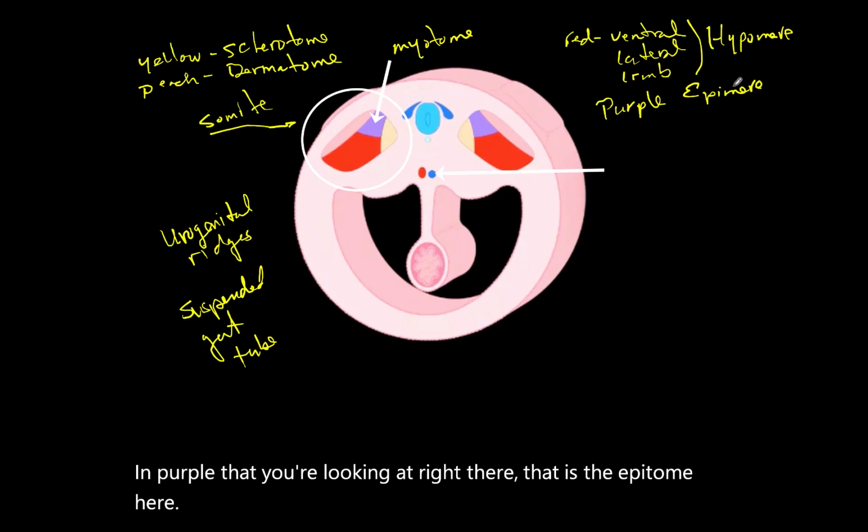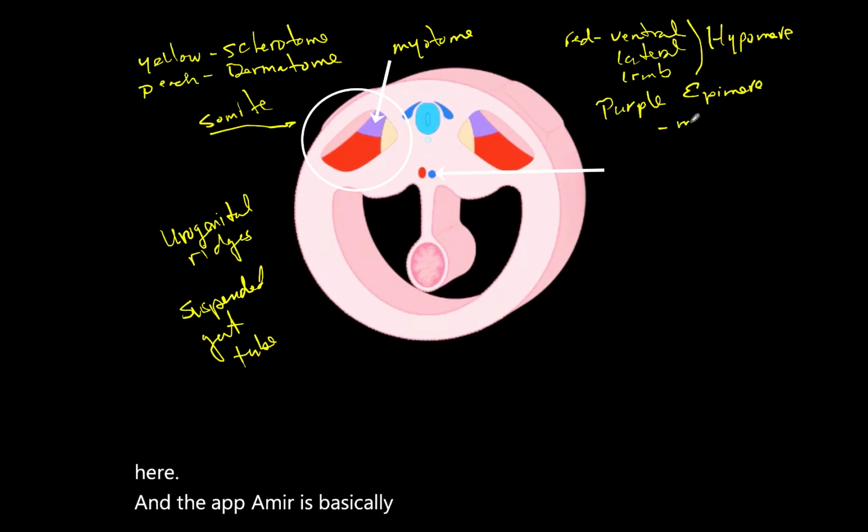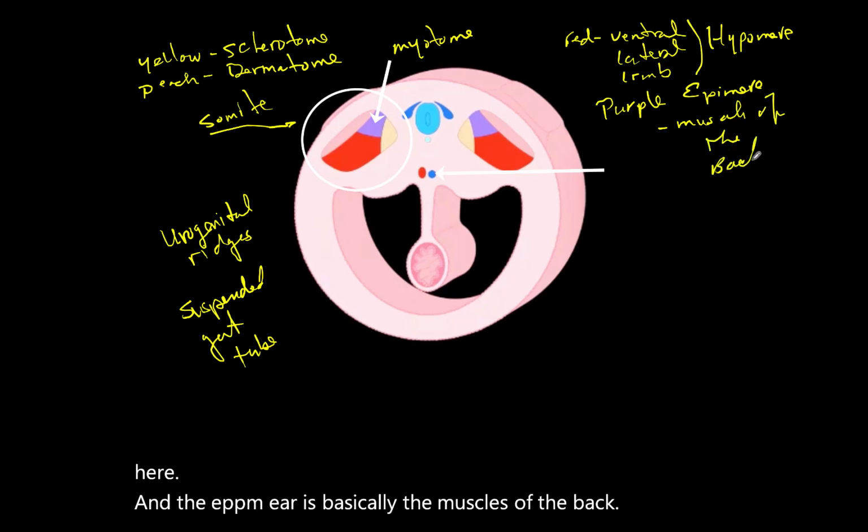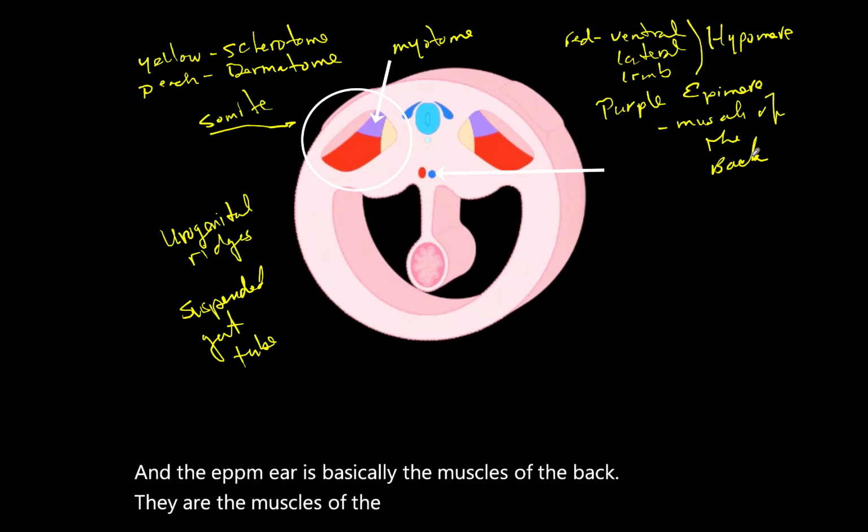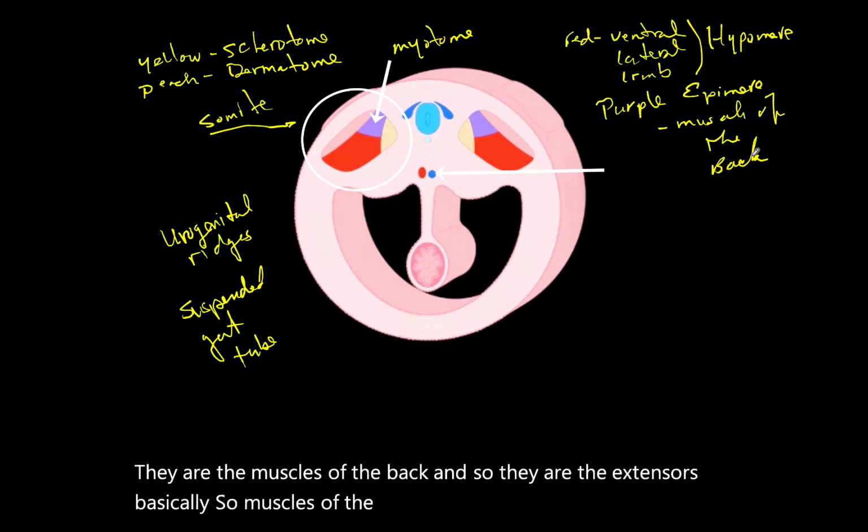The epimere is basically the muscles of the back, the extensors, so muscles of the back and muscles of the neck.